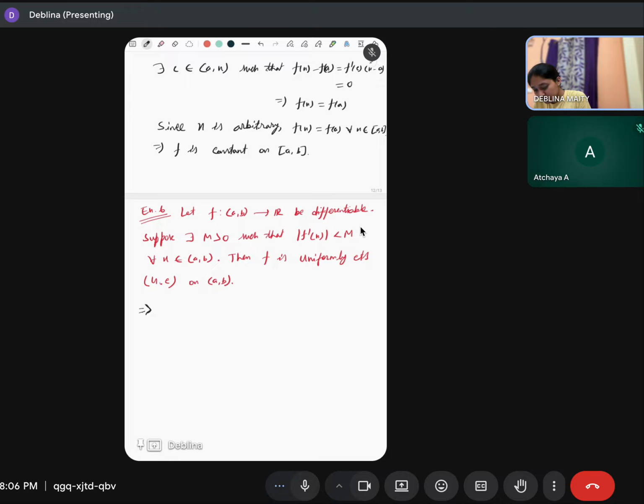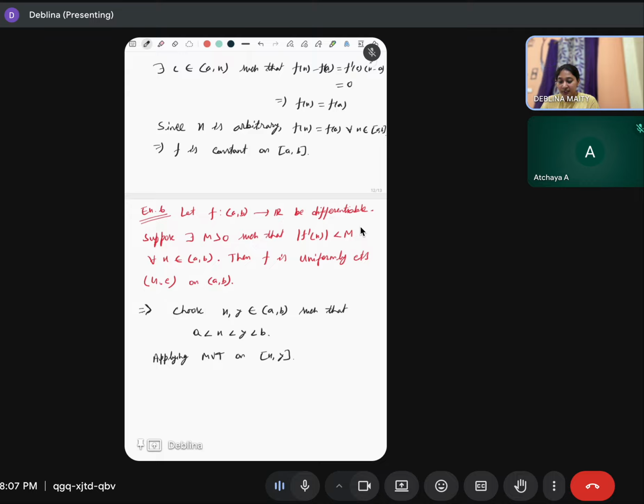So choose two points x, y in this (a, b) such that a less than x less than y less than b. Now we'll apply the mean value theorem on the interval x to y.